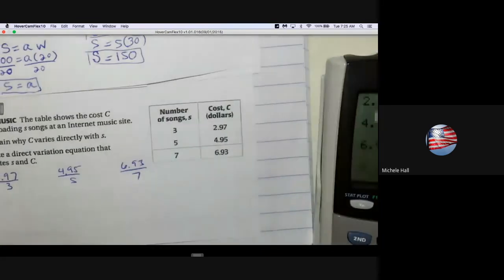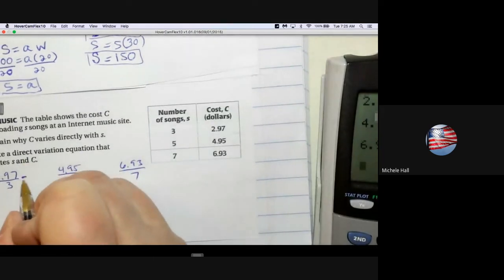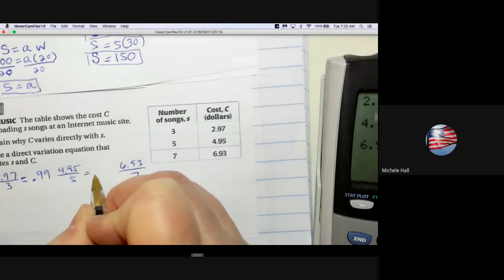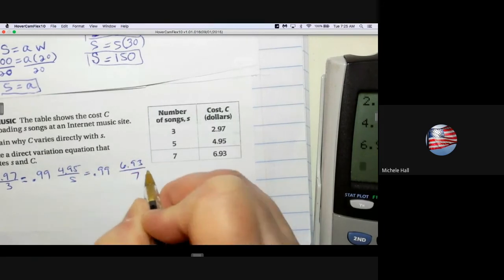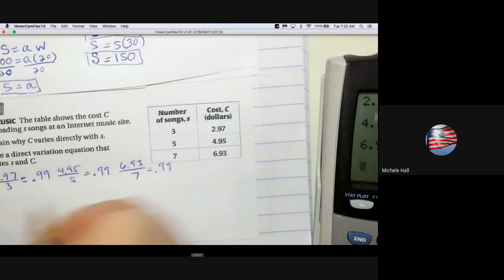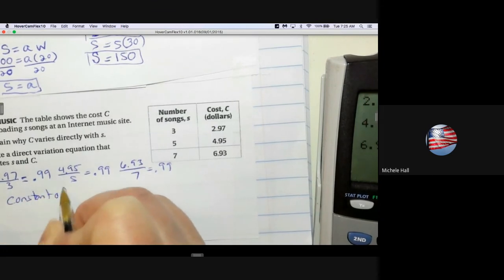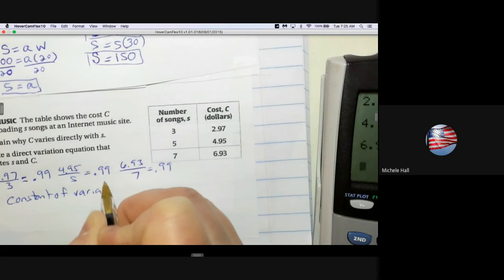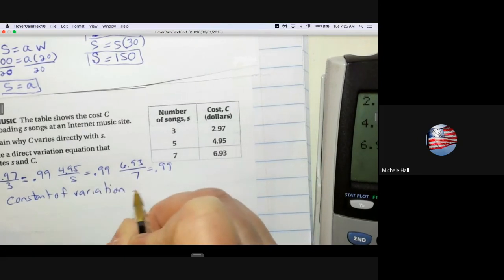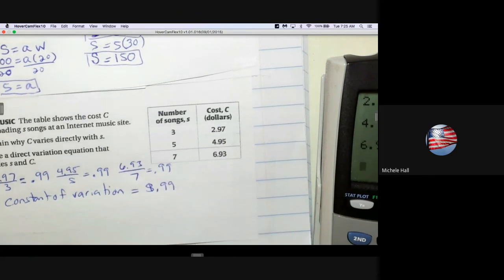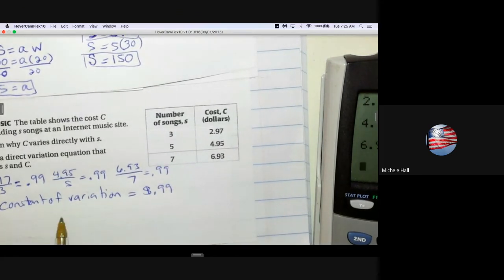So we can see that the constant of variation is 99 cents. That's why C varies directly with S.